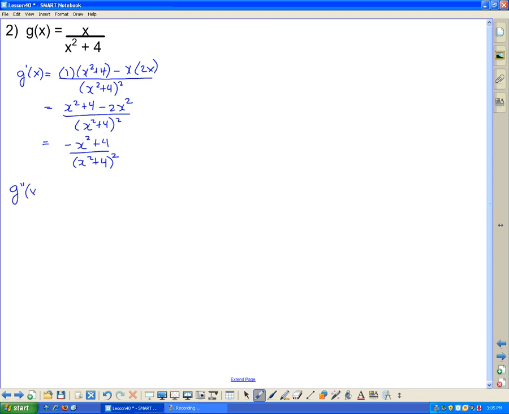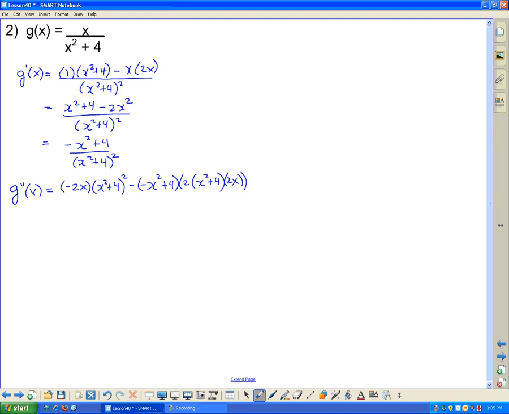Now, second derivative: negative 2x times x squared plus 4 squared, minus negative x squared plus 4 times 2, and we'd end up with x squared plus 4 multiplied by 2x.